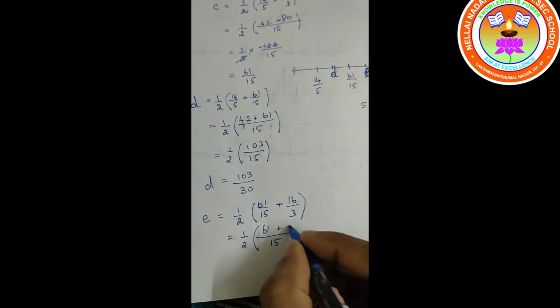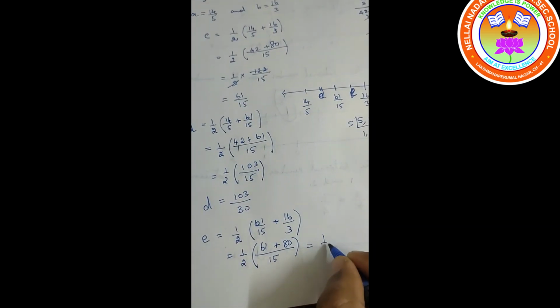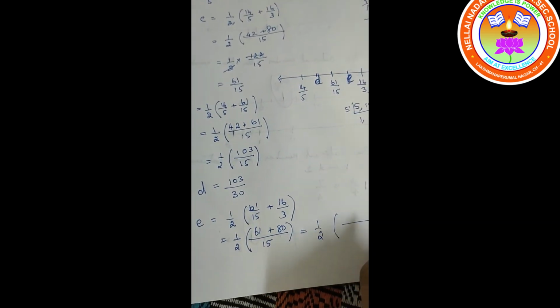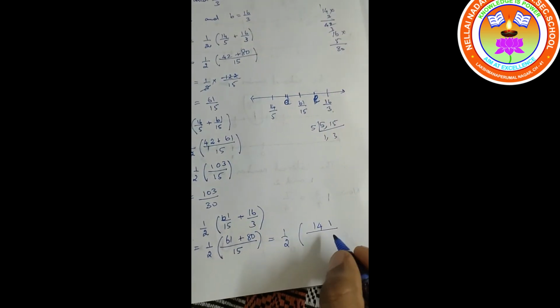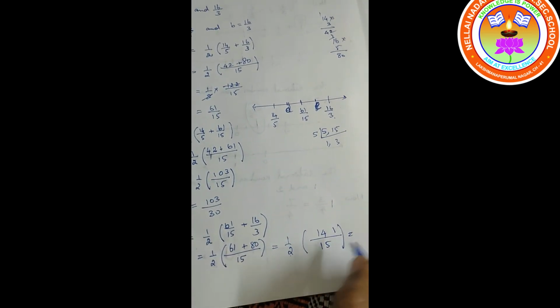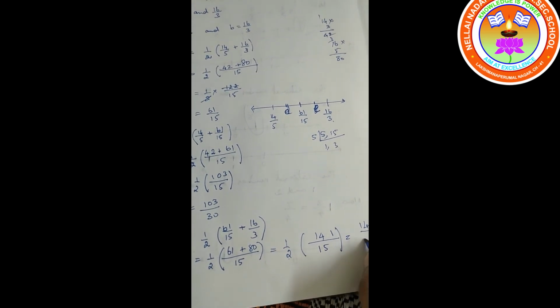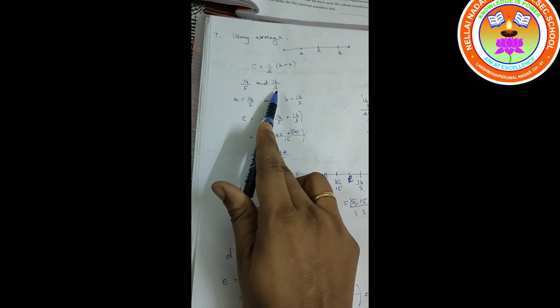If you multiply 5 with 16 you will get 80. Now add both, 61 plus 80. 1 by 2 into 141, so 141 divided by 15. If you multiply 2 into 15 you will get 141 by 30. So we found 3 rational numbers between 14 by 5 and 16 by 3.